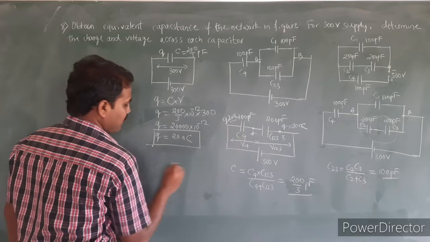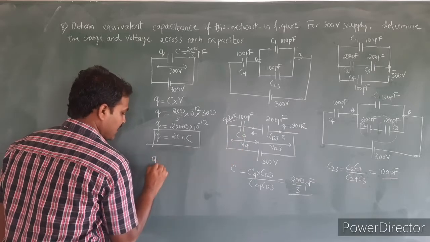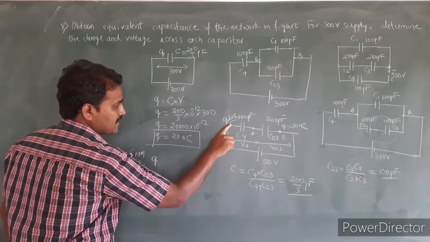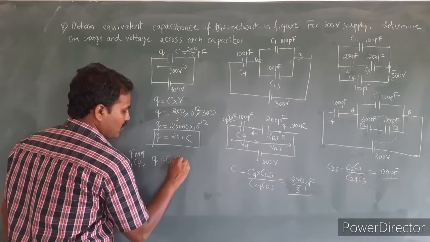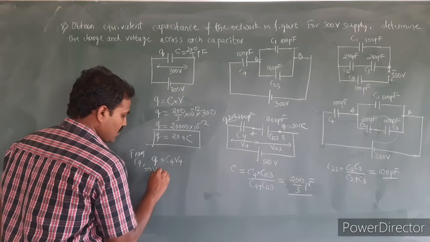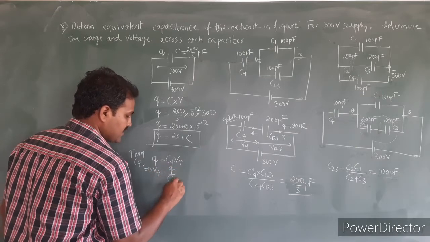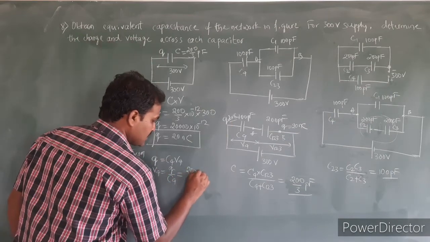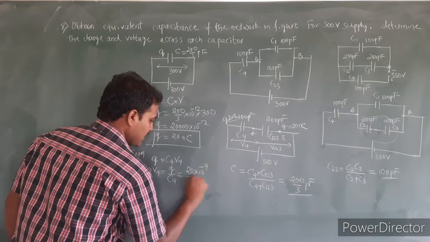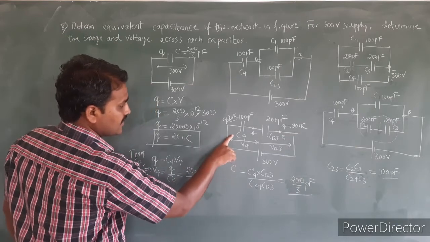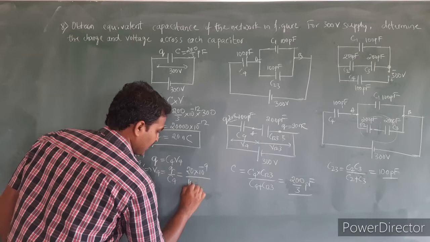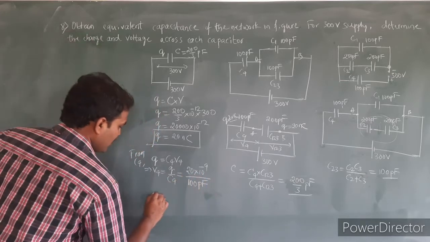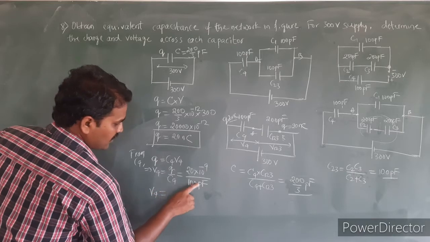Consider the capacitor C4. From capacitor C4 I can write Q is equal to C4 into V4. This implies V4 is equal to Q divided by C4. Q is equal to 20 nanocoulombs, that is 20 into 10 to the power of minus 9, divided by C4, which is 100 picofarad.